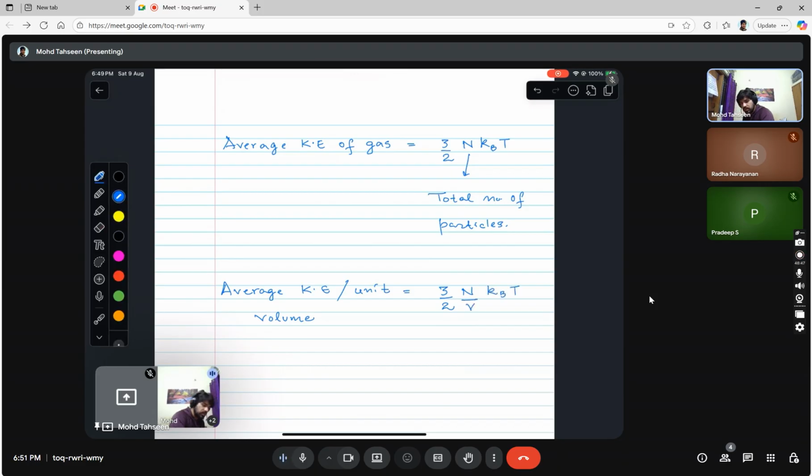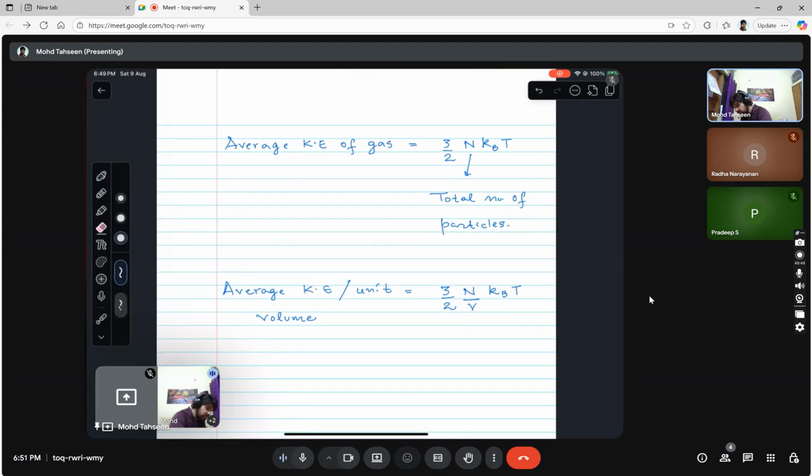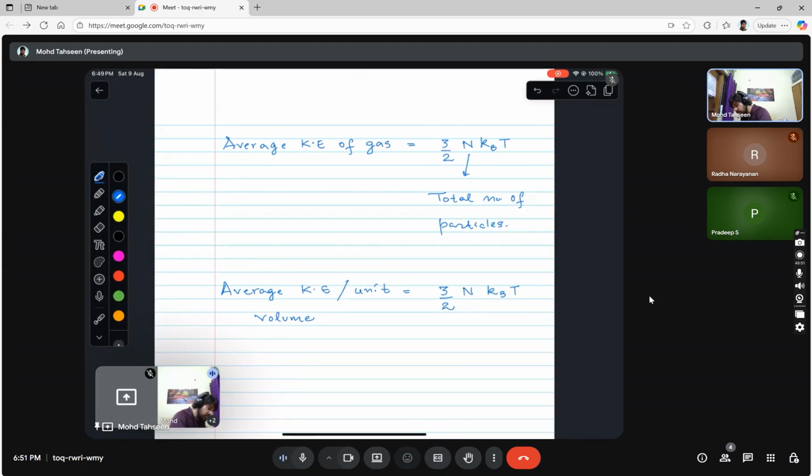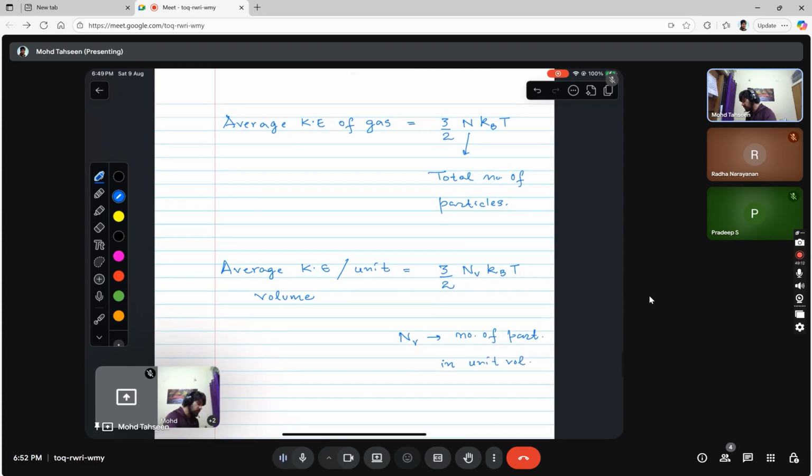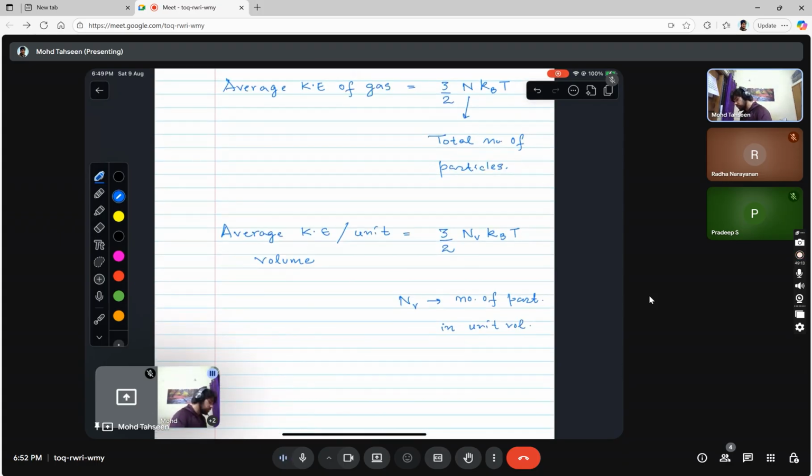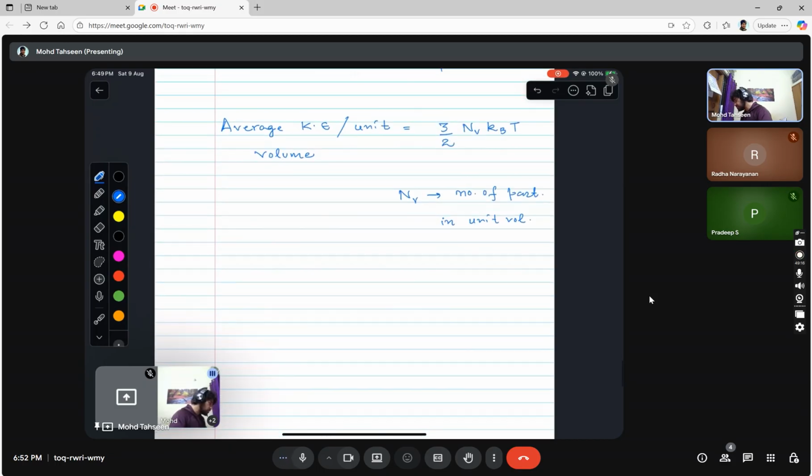N by V, and then I can rewrite this whole thing as nV, where nV is nothing but the number of particles in unit volume, right?